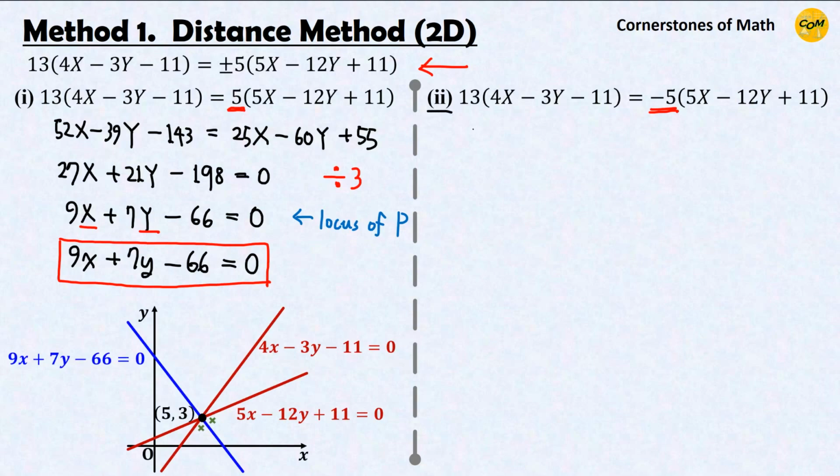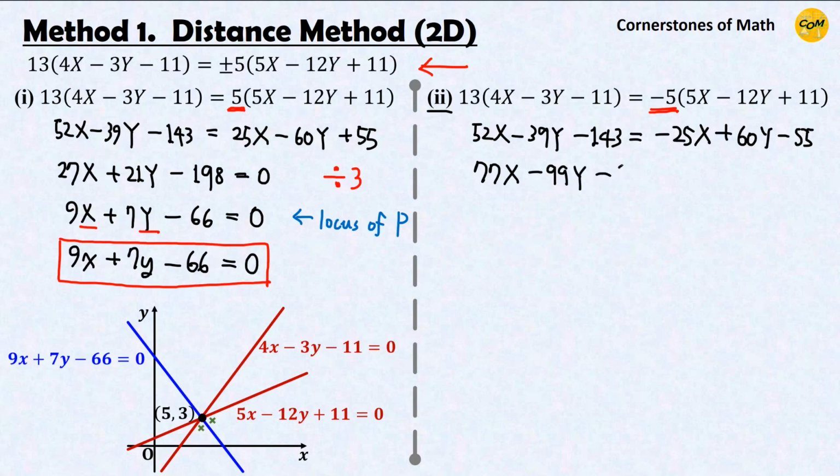For the second case, we have 52x minus 39y minus 143 now equals minus 25x plus 60y minus 55. So now we have 77x minus 99y minus 88 equals 0.